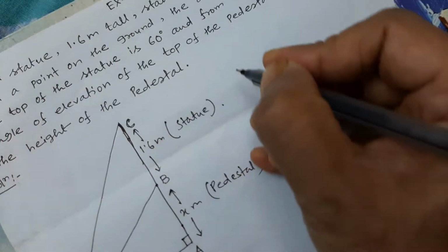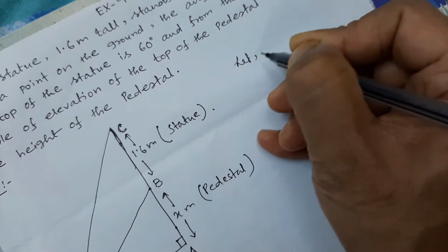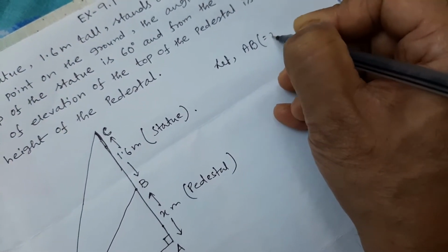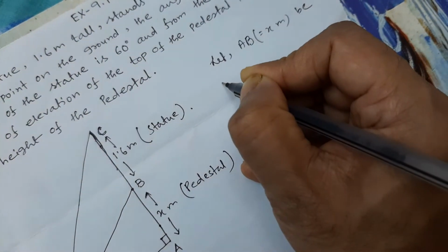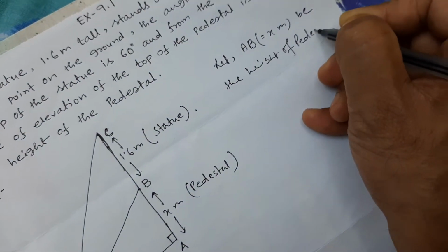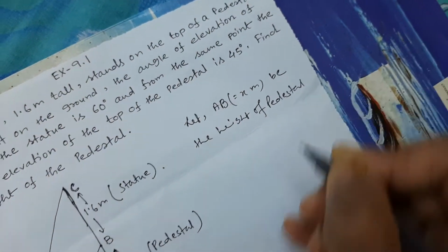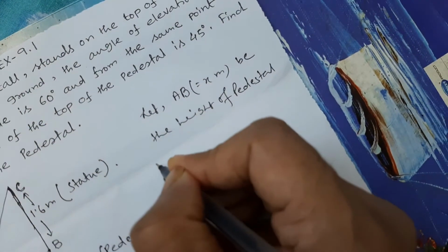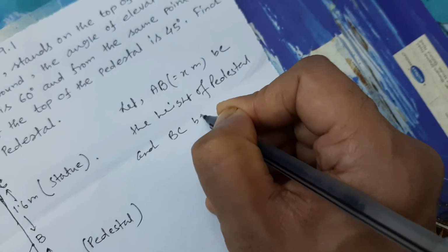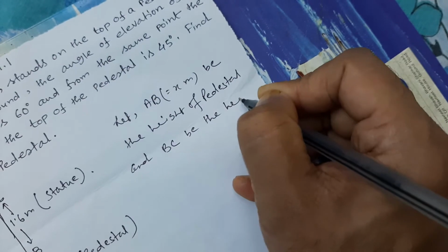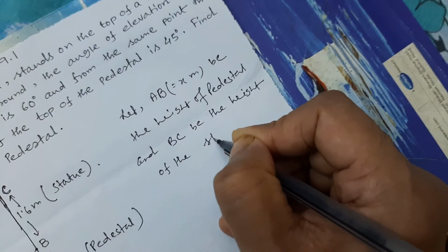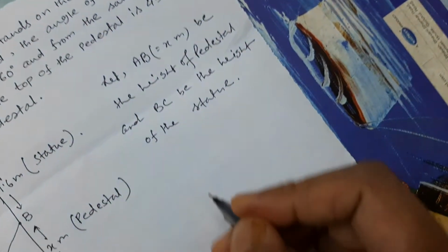So let AB, taken x meter, be the height of the pedestal, and BC be the height of the statue.